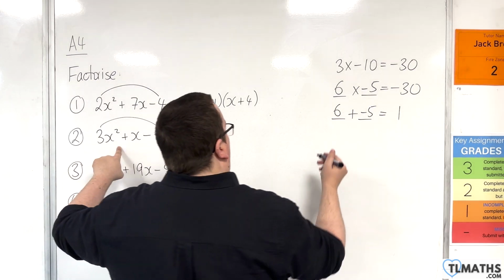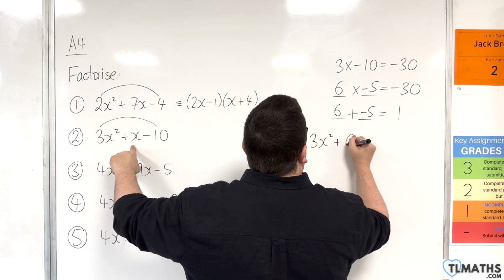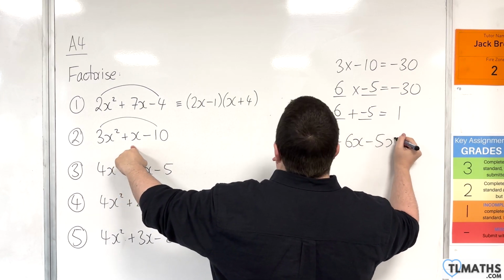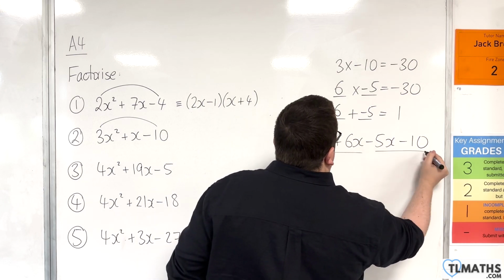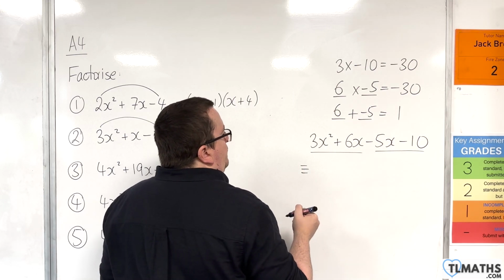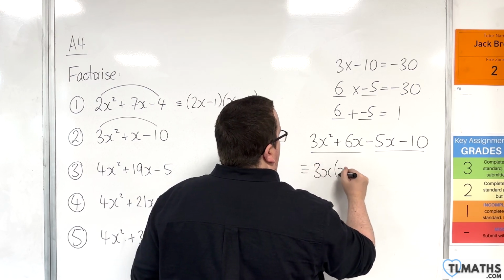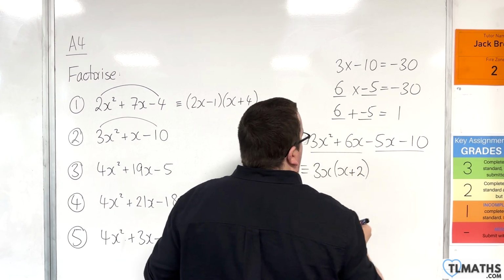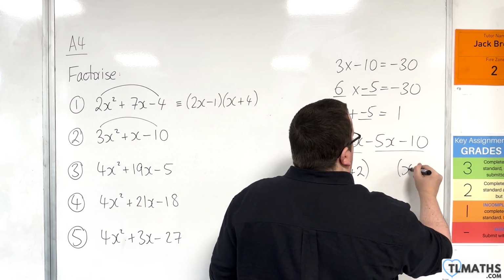So 3x squared, and I'm going to write the x as 6x take away 5x. Right, factorise the two halves. So 3x squared plus 6x has a common factor of 3x. We'd have x plus 2 inside the bracket. Here we're going to have that same bracket, so x plus 2.